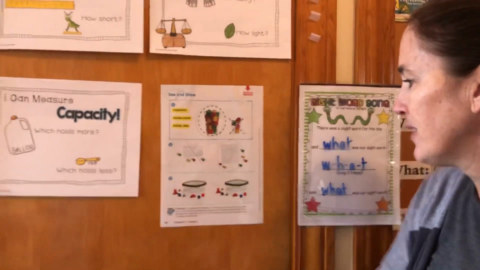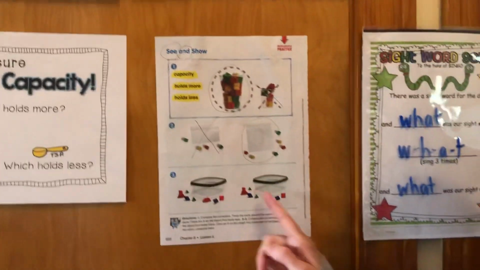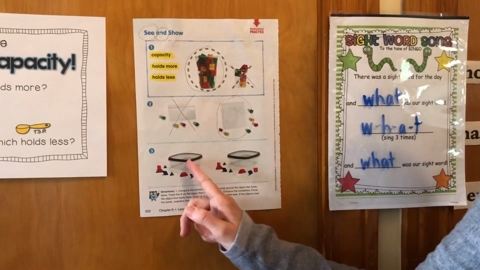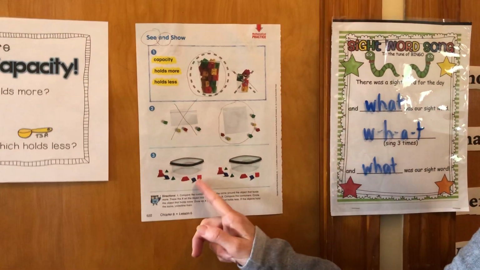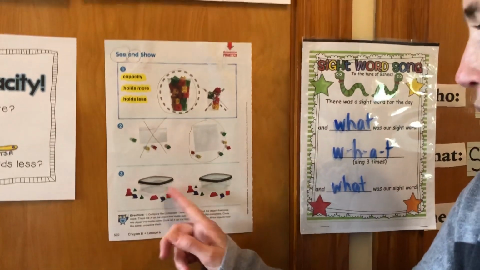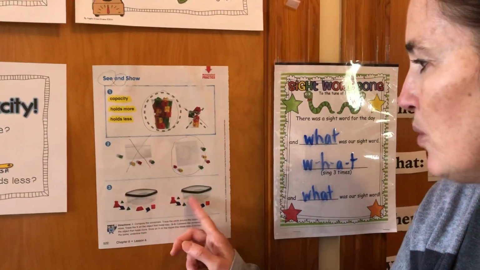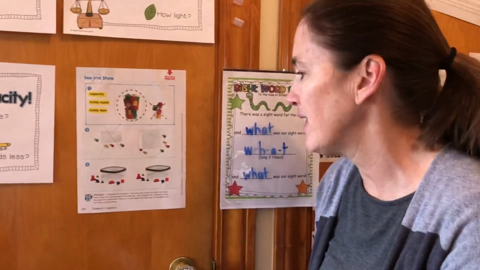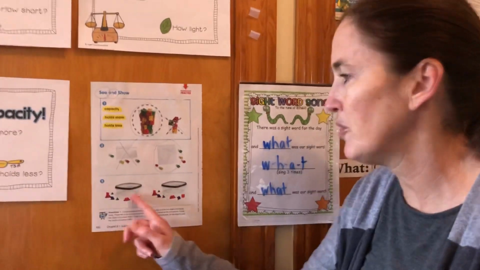Number 3, look, compare the objects, and they're some kind of Tupperware or plastic container, and they're going to put the pattern box inside and decide which holds more, which holds less, or if they're the same, we're supposed to underline them. What do you think we should do?